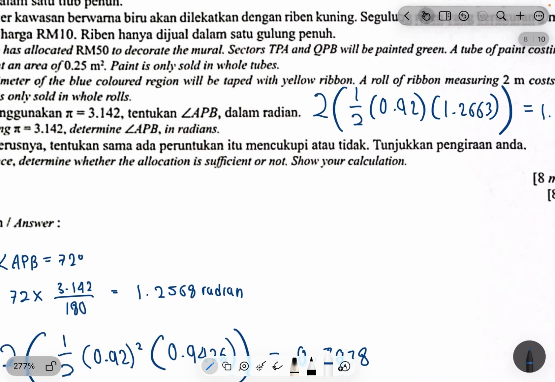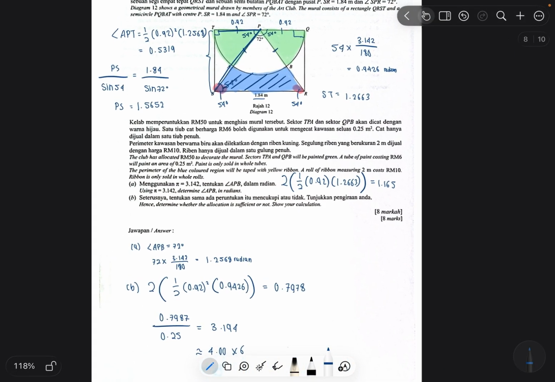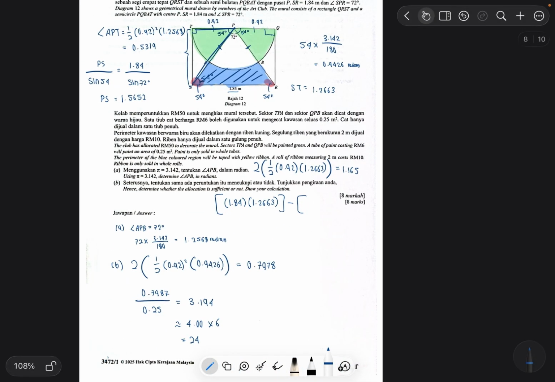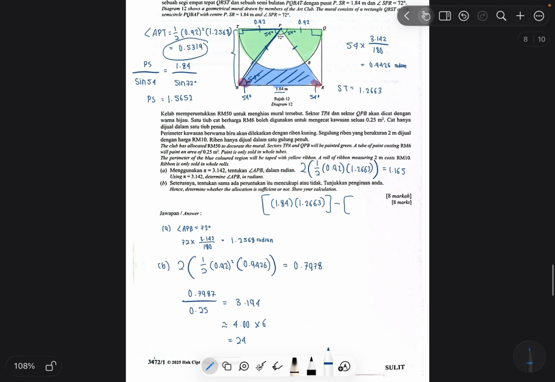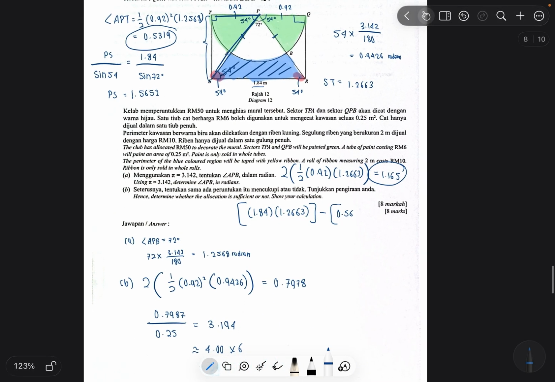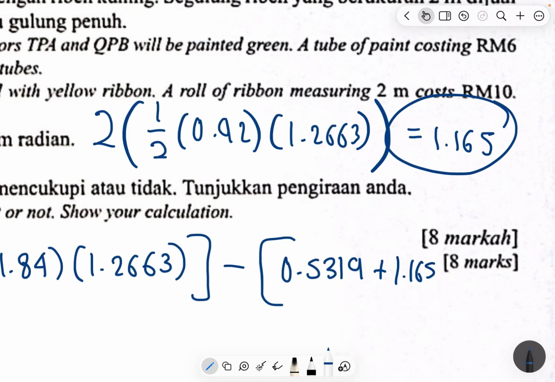Okay, so now the area of the rectangle minus all of that is equal to the shaded region. The area of the rectangle is 1.84 times the height, the ST we found just now, 1.2663. This minus this, so minus 0.5319 plus 1.165.